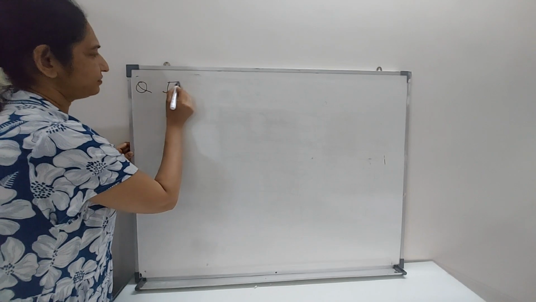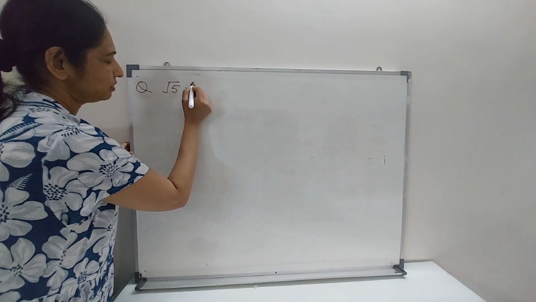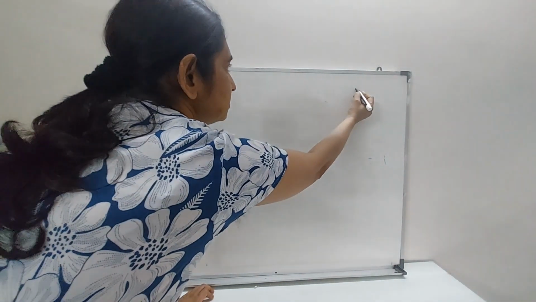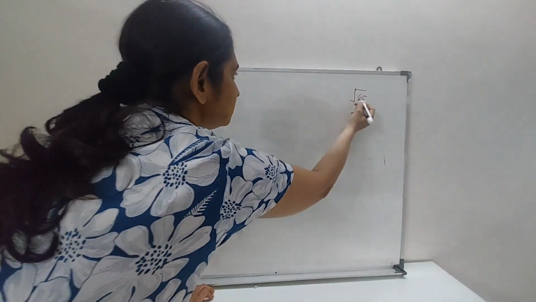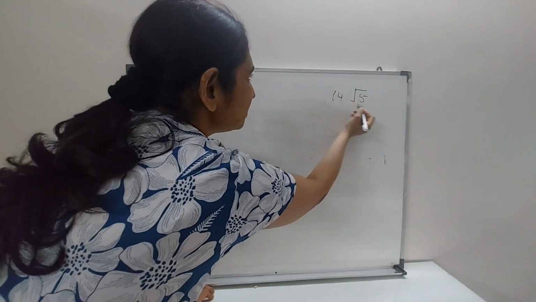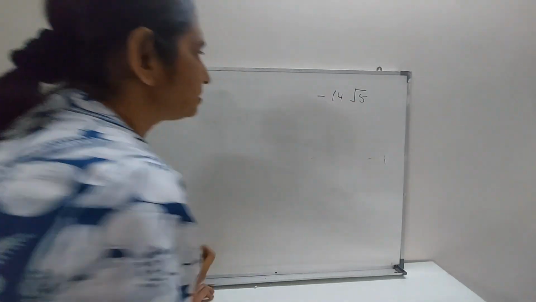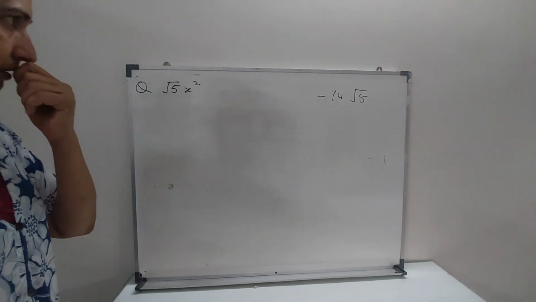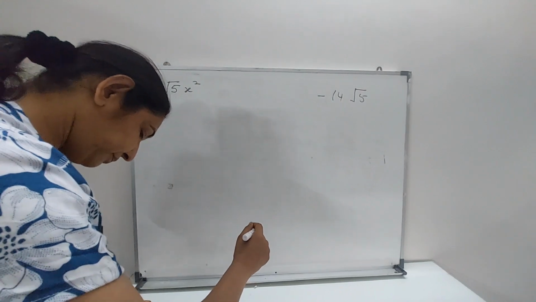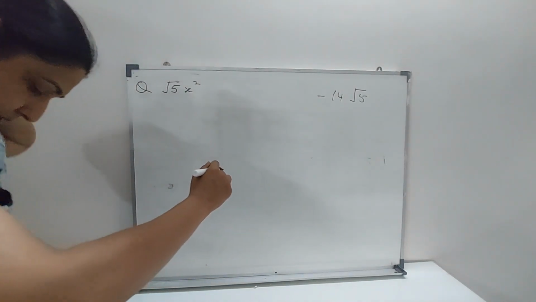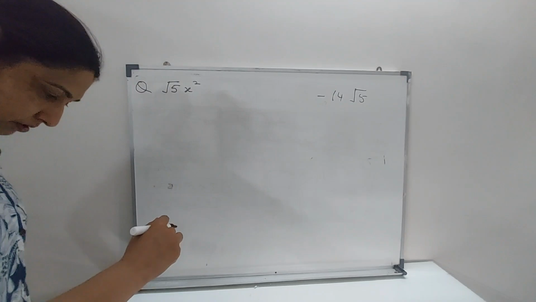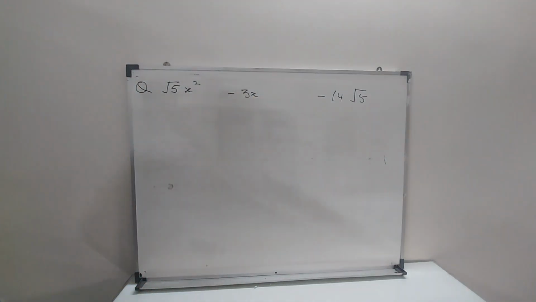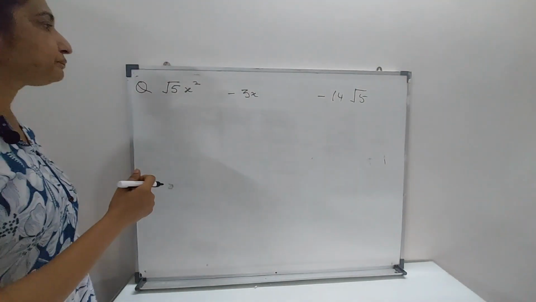Now let's take root 5. 3 has been used too many times. Root 5 x square, maybe 14 as the constant term. 14 times 5 is 70. 70. Okay. So maybe minus 3x. Let's see what happens.